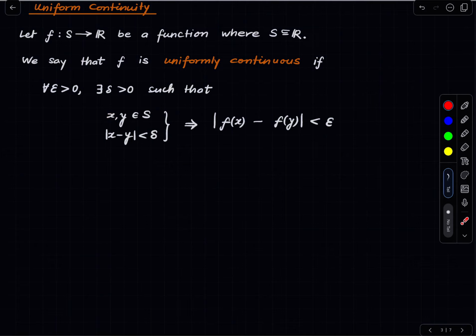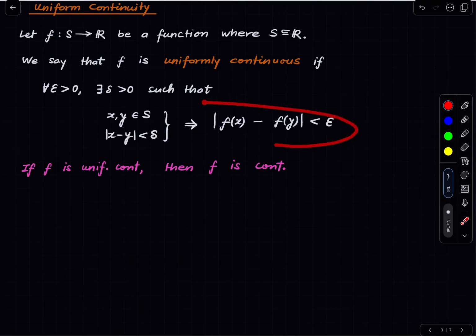One thing should be clear: if f is uniformly continuous, then f is continuous. So uniform continuity implies continuity, but still it is unclear if the reverse is false. It should be false because the definition looks, at least apparently, more restricted.